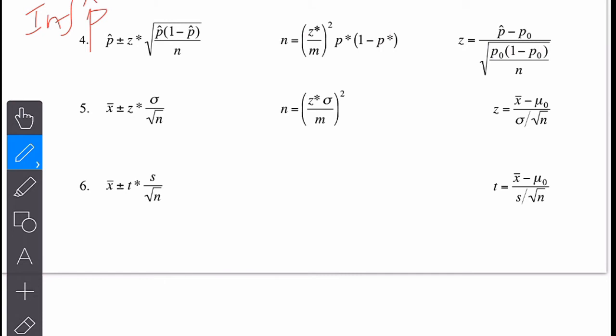That's what it's about, inference. So inference on the population proportion, sorry, the sample proportion, no, actually, sorry. Let's see, I did that wrong. I'm going to be clear. This is inference on the parameter p.